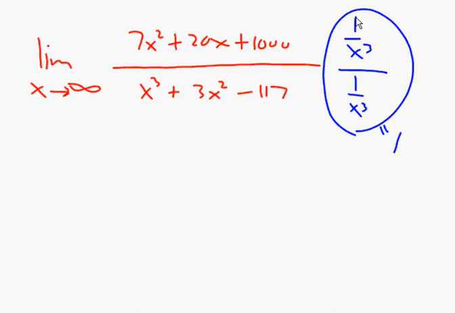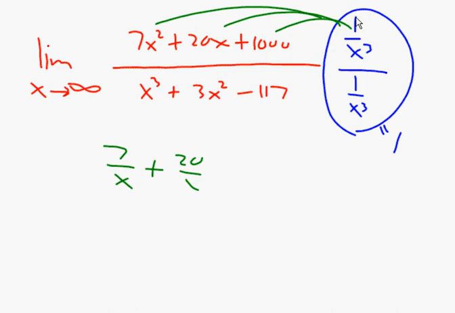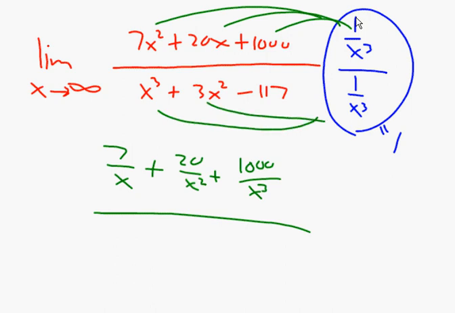And watch what happens when I multiply through by that now. I've got to distribute this onto every term. So this becomes 7 over x plus 20 over x squared plus 1,000 over x cubed divided by, and now here comes the fun part, 1 plus 3 over x minus 117 over x cubed.